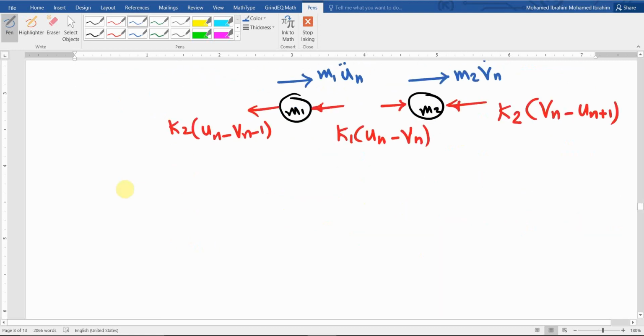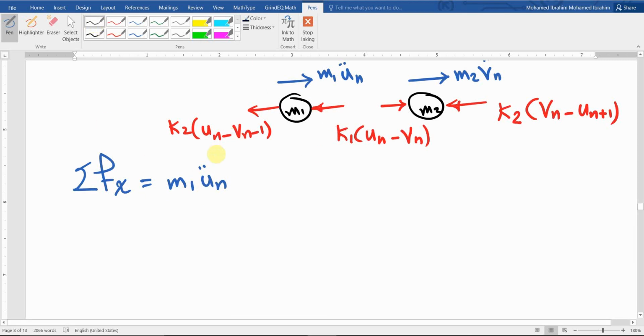Then we are going to apply the dynamic equilibrium for the two masses about the x-axis. For mass 1, it will be M1 Un double dot. For mass 2, the right hand side will be M2 Vn double dot. Let us focus just on the first mass.